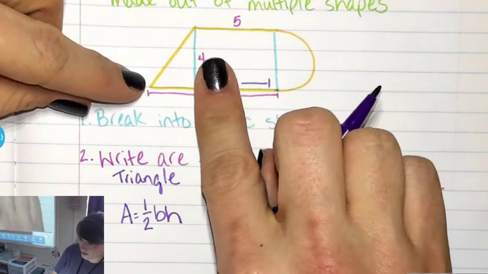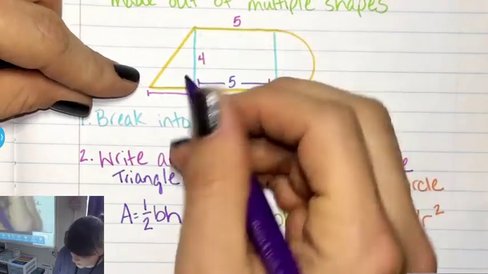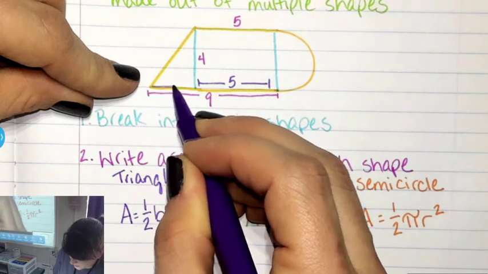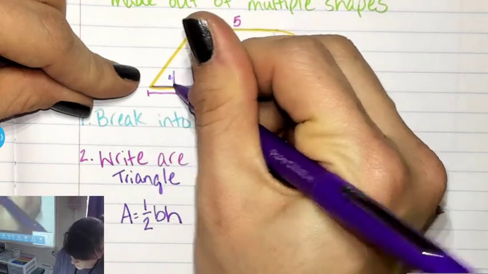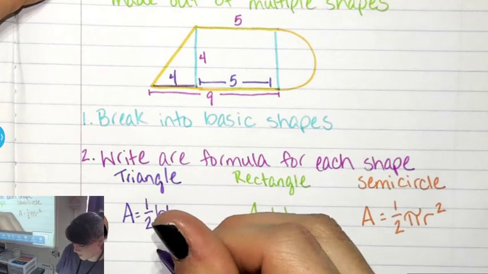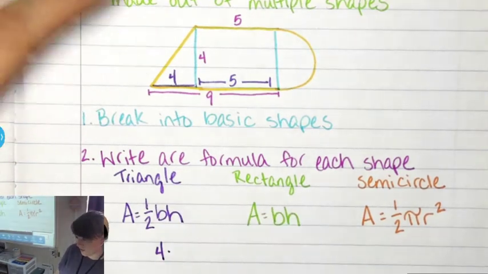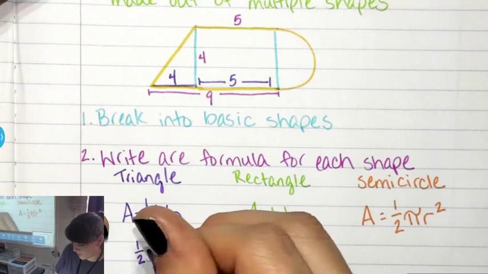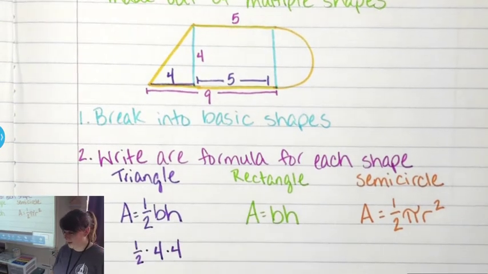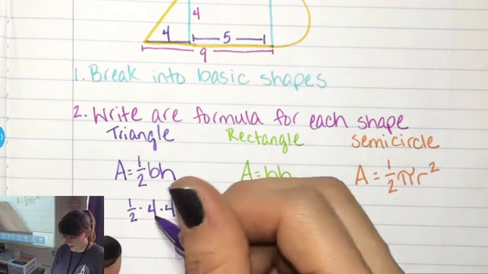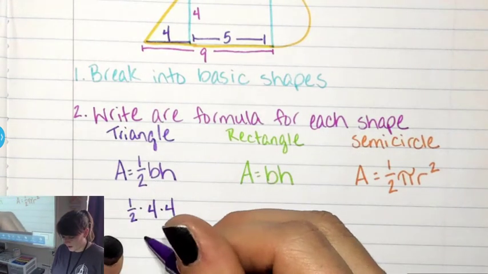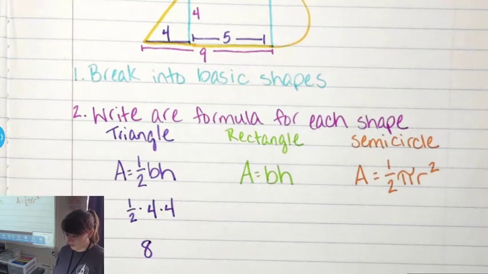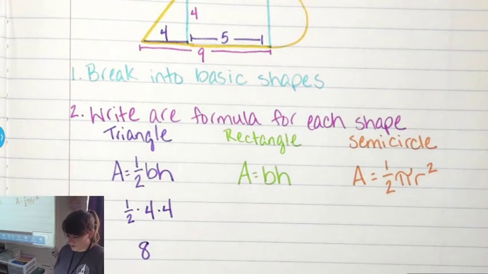So from here to here is 4. Don't ever trust drawings. So base is 4. What's the height of the triangle? 4. What's 4 times 4? 16. And then divide it by 2. 8. So half of 16 is 8. Okay, so that one's done.